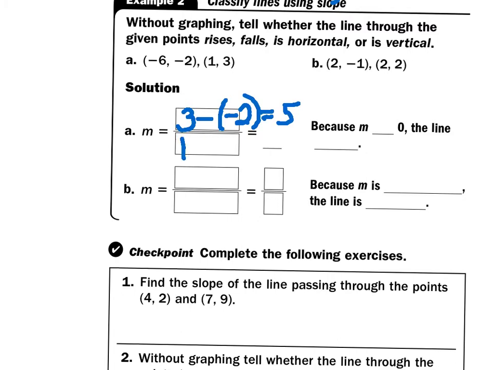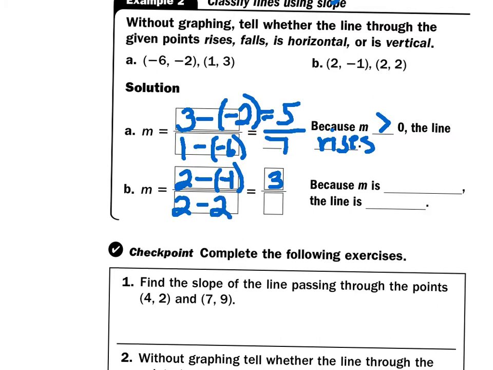So it's a 1 minus a negative 6, or 5 over 7. And so, because m is greater than 0, the line rises. It's positive. Okay, on B, I have 2 minus negative 1, or 3, and then 2 minus 2, which is 0. So that's dividing by 0, and it's undefined because the line is vertical.